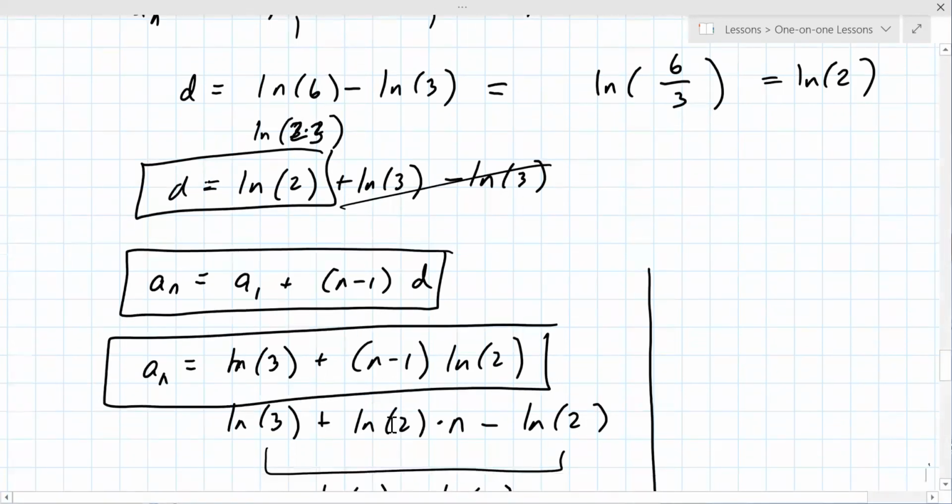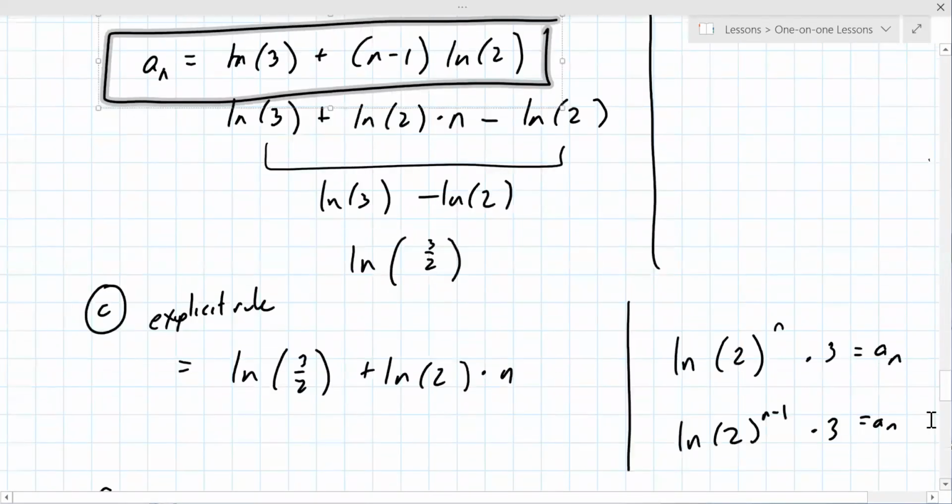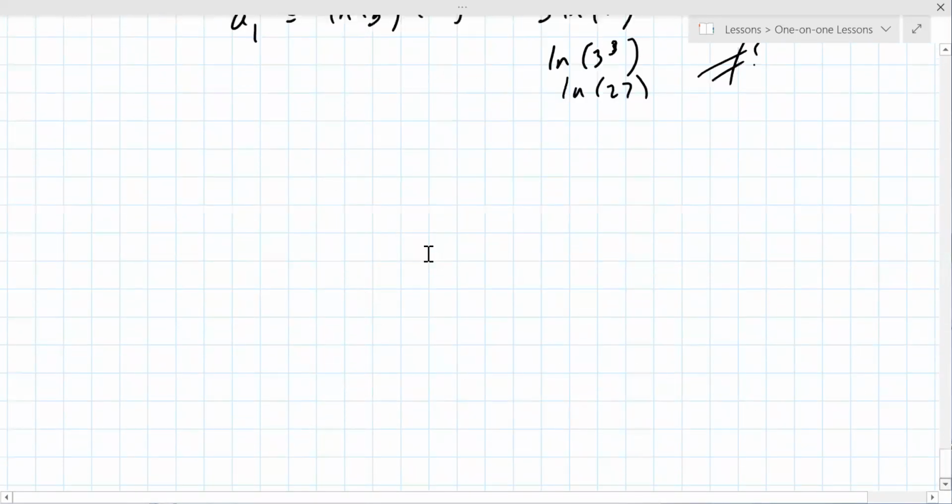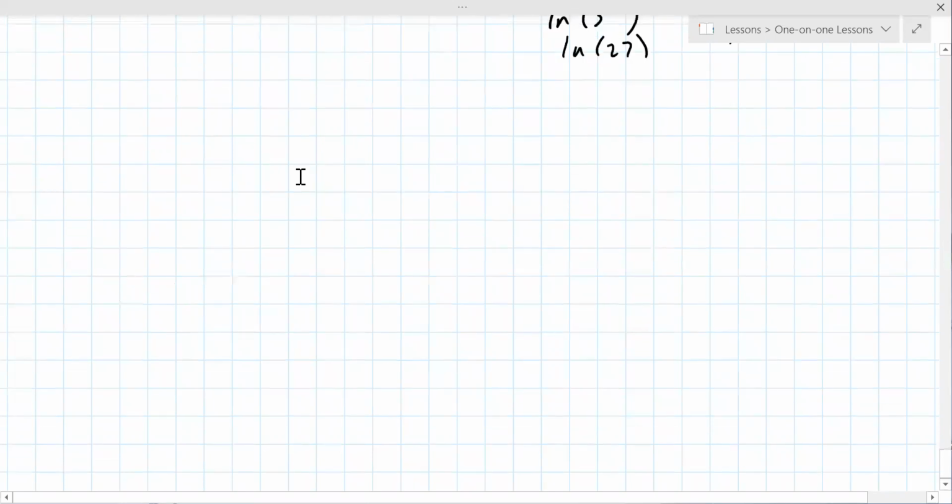You can bring this exponent out in front. Which exponent? This n minus 1 becomes, let me just bring this down, we've got a little more room to work with it. This is so unnecessary because it doesn't help your understanding, but I see why you've got to do it.